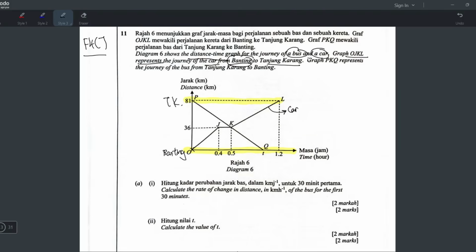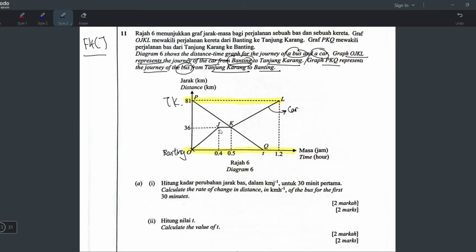Okay. So if we sambung baca sini, graph PKQ represents journey of bus from Tanjung Karang to Banting. Yeah, just like what I said lah. But you can see they both start at the same time, just different location lah. Okay, for the car, dia ada move.